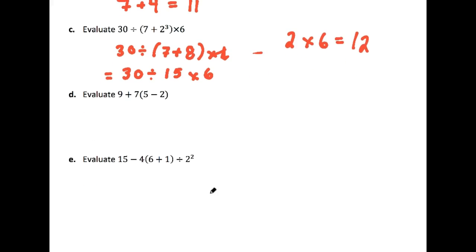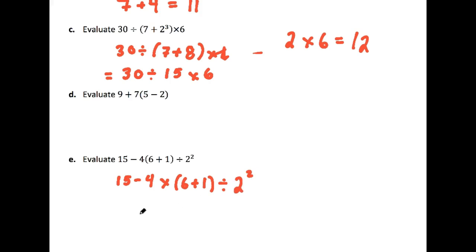In our last example, I want to bring your attention to the parentheses here. Look right here. There's no operation. That's considered multiplication. So you can just rewrite this if you need to as 15 minus 4 times (6 plus 1) divided by 2 squared.